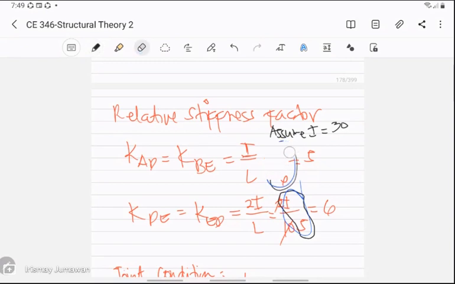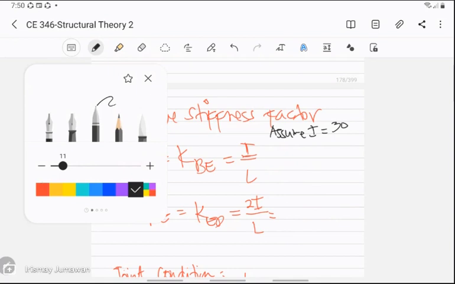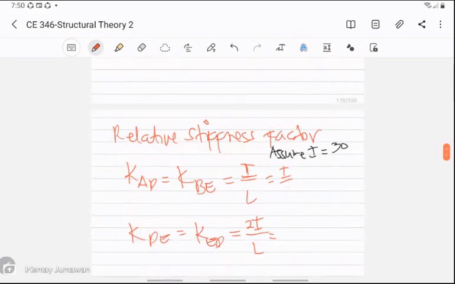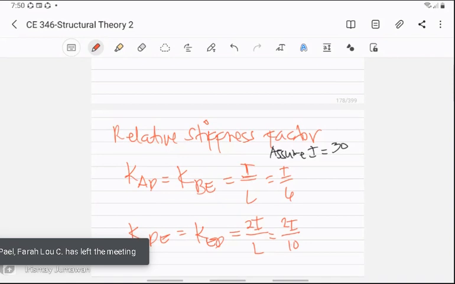So that is I over 6 for AD, and this is 2I over 10 for DE. So we have 5 and we have 6.